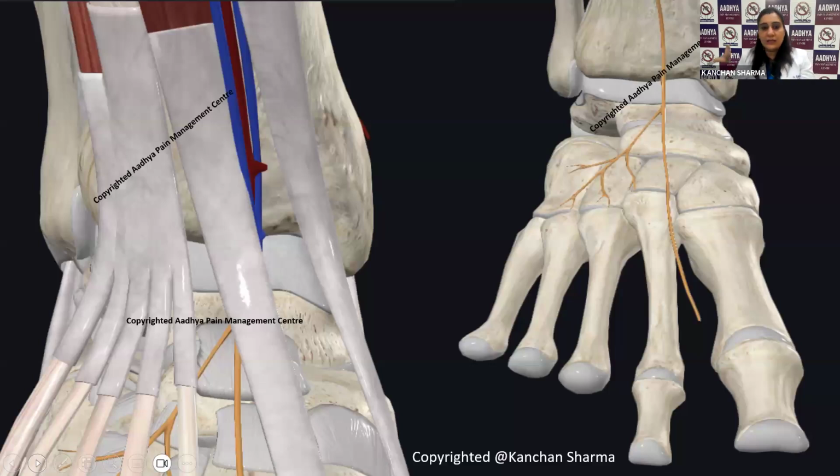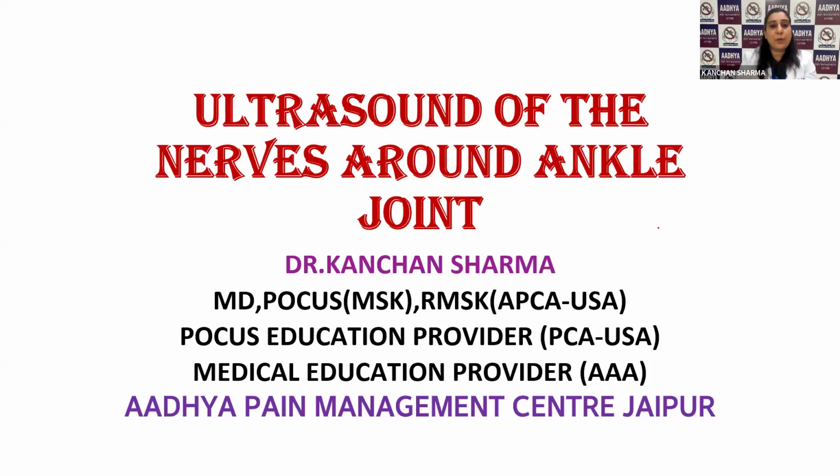We will be learning the anatomy and the sono anatomy of the nerves around the ankle joint. The first nerve is your deep peroneal nerve. Before going into these nerves, let me tell you some important things so that it will be easy for all of you to remember them.